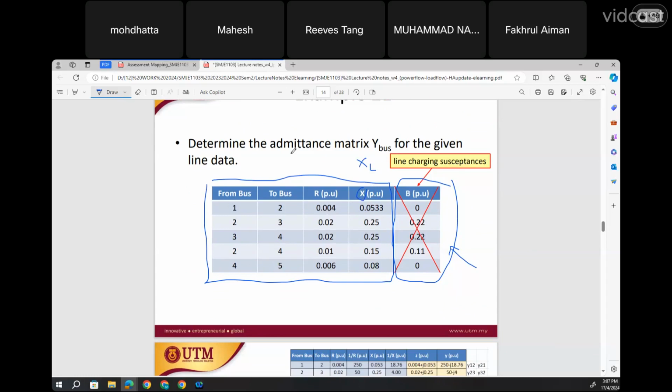If you combine these two, this should be the impedance of the transmission line between bus 1 and bus 2. So this is always XL, and this one is always XC. That's why, forget about it for a while.